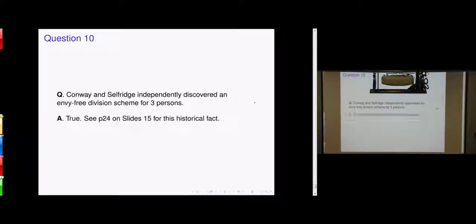The answer, I think, is true. Knaster is probably credited with a proportional division, but it is Selfridge and Conway who independently found the envy-free division for 3 persons. This is a historical fact.